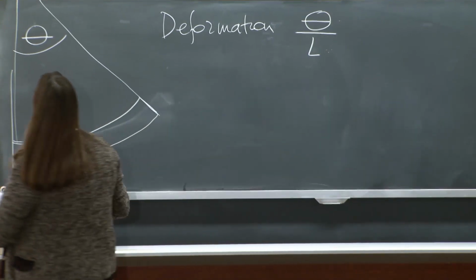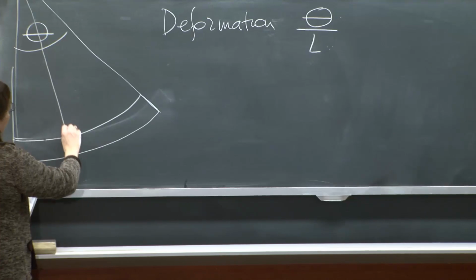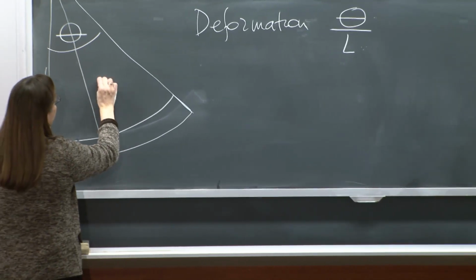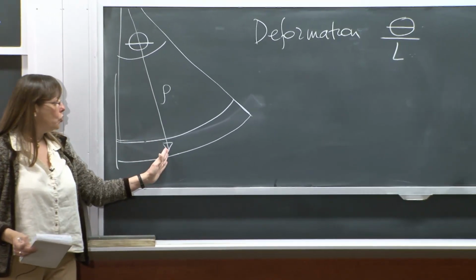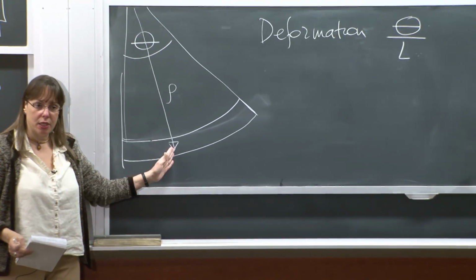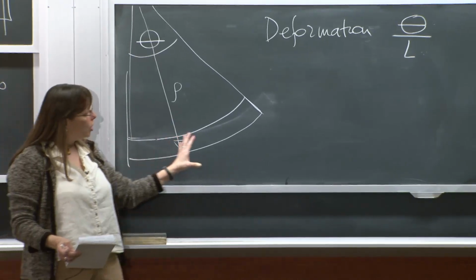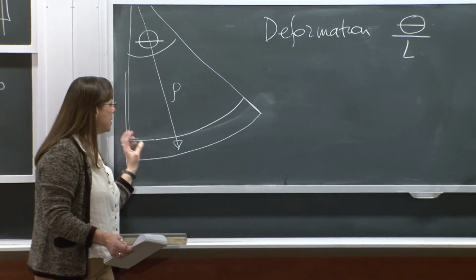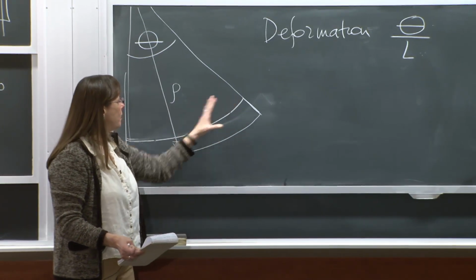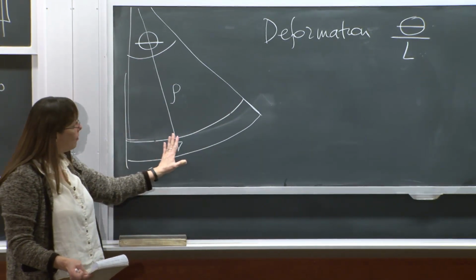Let me show you something very convenient for bending. Let's say that I introduce rho, the radius. Because everything is uniform, the same moment, the same cross-section, nothing changes along the length of the beam, they all curl up by the same amount.